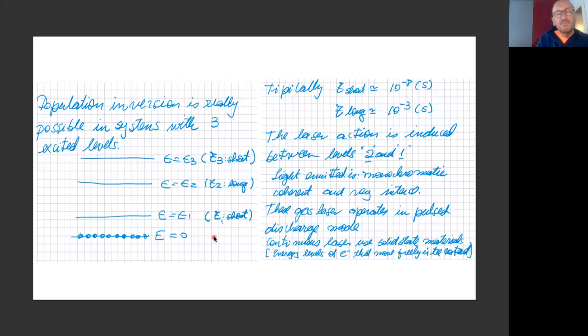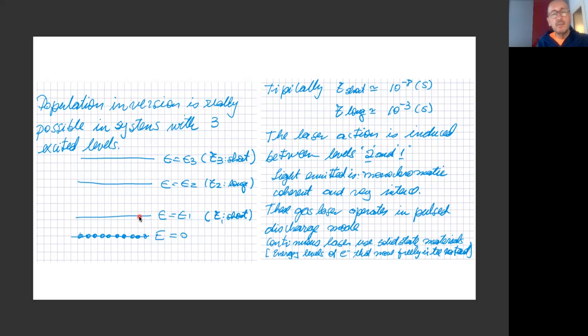And also the lifetime, meaning, what is the lifetime? I pick one of the atoms and raise it to the excited state E1. So essentially, in this diagram, we mean grabbing this atom and putting it up here. How long will it last there?